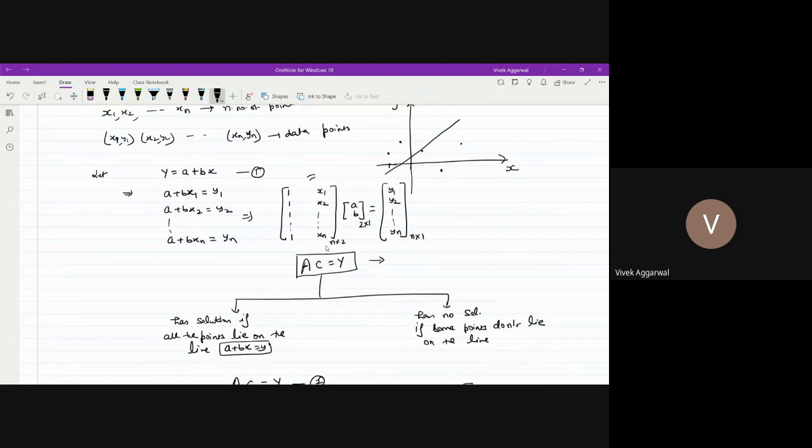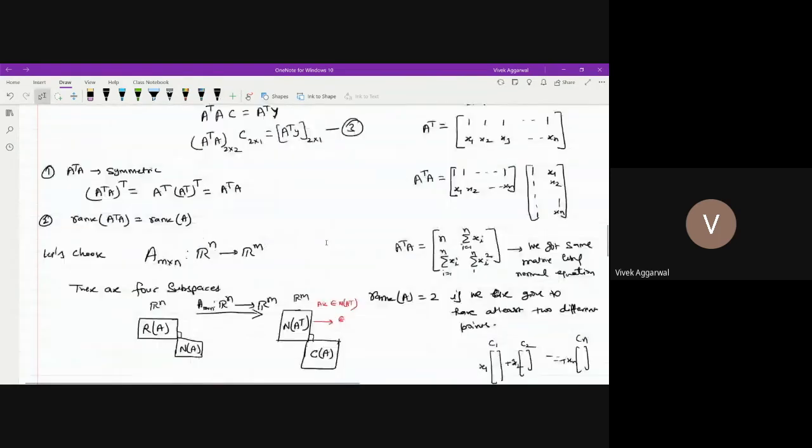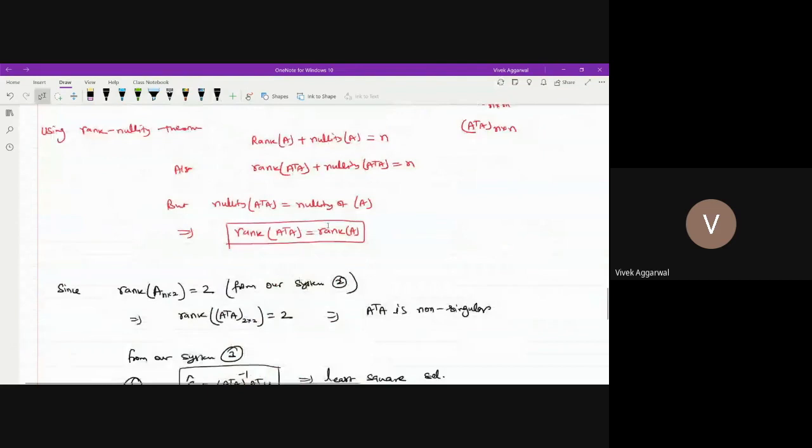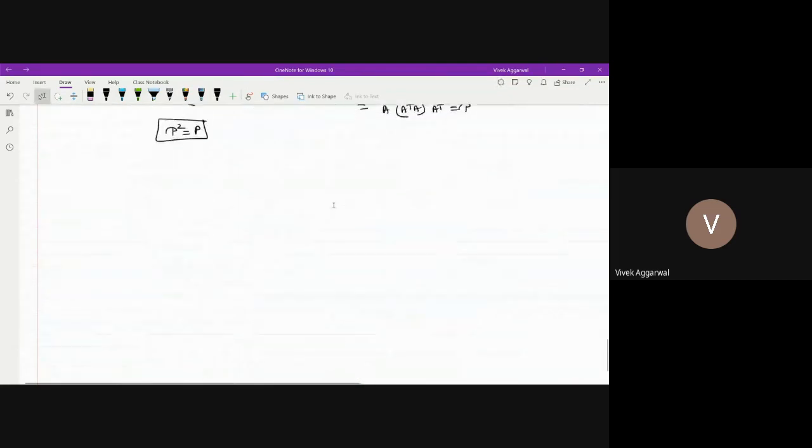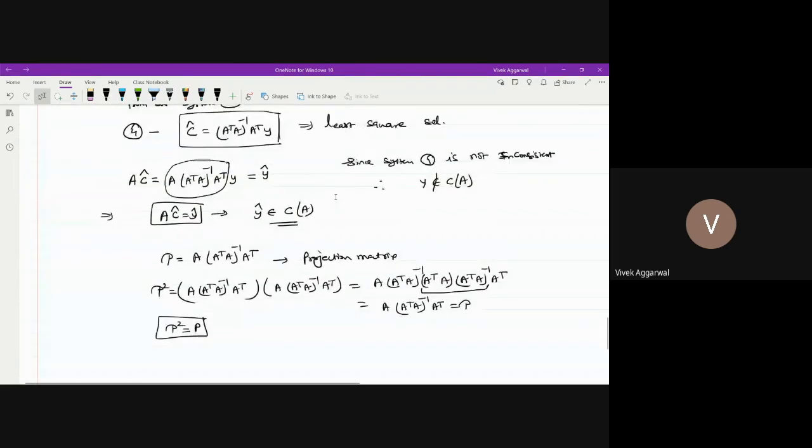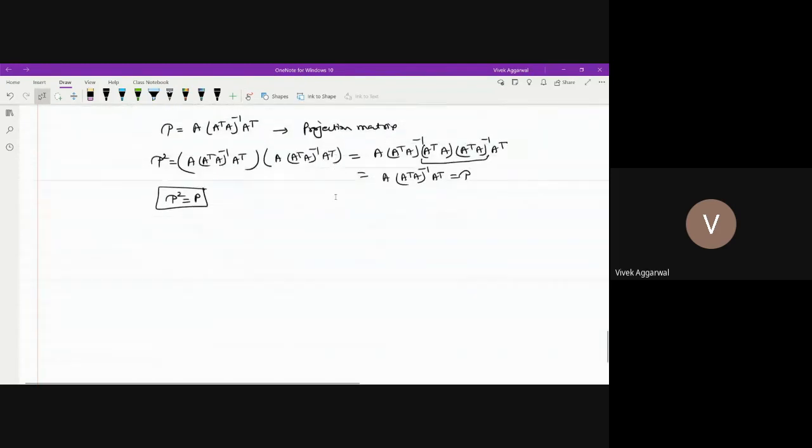Only then, because the rank of A transpose A is the same as the rank of A. So in that case, A transpose A is non-singular, and then we are able to take the inverse. But things change when this matrix will only have rank 1. In that case, the least square method cannot be applied, and then we go for another type of method using the pseudo inverse, which will be discussed later on. So in this case, this least square method works well whenever we have this condition.